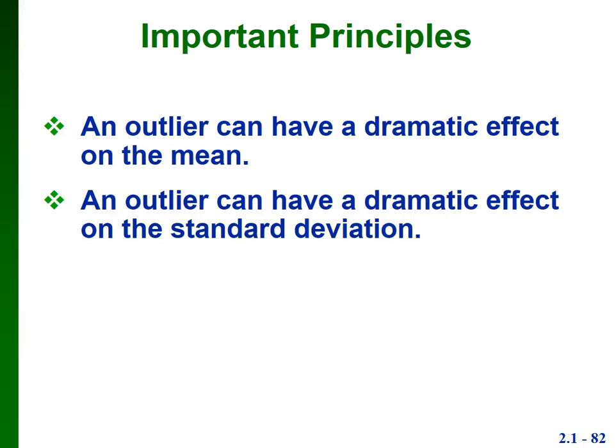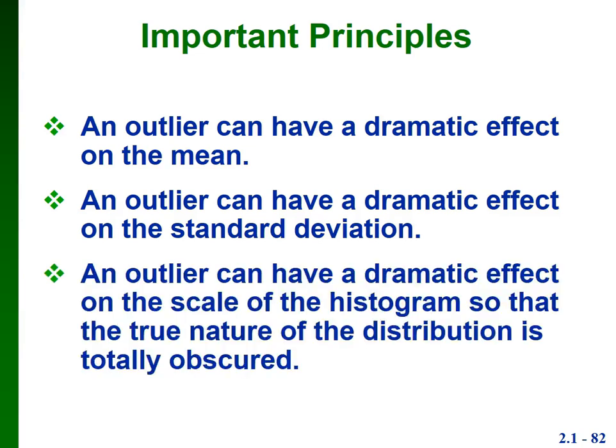If we have one value that's very far away from the mean, that means our standard deviation will be much bigger if we have that value included in our data set. An outlier can also affect our histogram so that we can't really tell what the distribution looks like. It can affect the scale of the histogram so much.